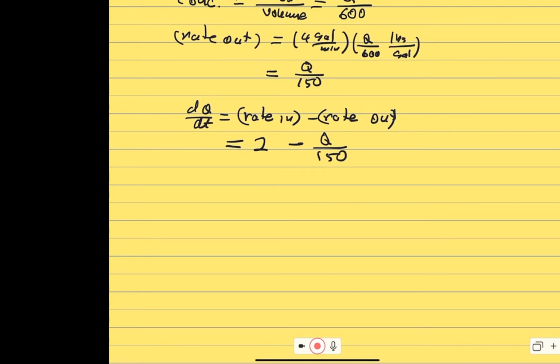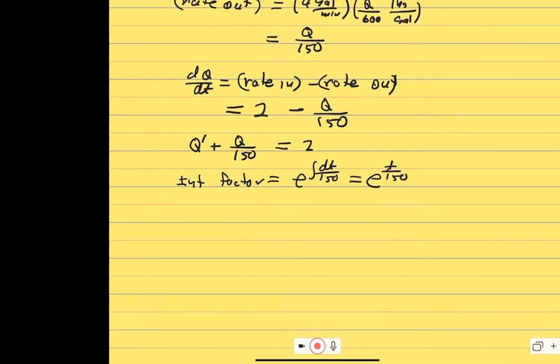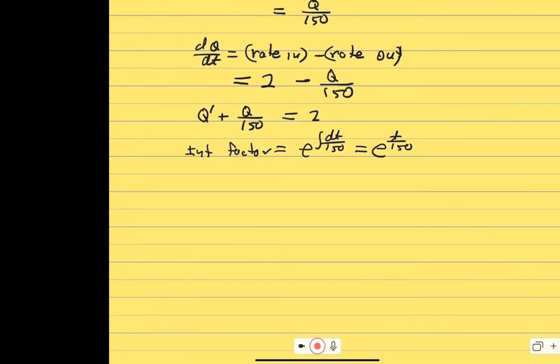This is a first order linear equation, so let's write it as Q prime plus Q over 150 equals 2. So the integrating factor is e to the integral dt over 150, which is just e to the t over 150. At this point, you've probably done enough of these constant coefficient ones, you just could have guessed that.